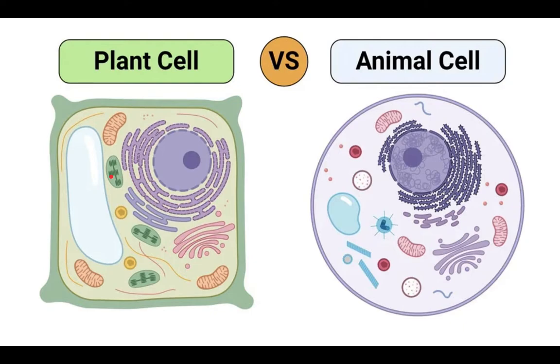Structures that we can see in both plant and animal cells include the nucleus, the endoplasmic reticulum, which is smooth endoplasmic reticulum, as well as rough endoplasmic reticulum that's studded with ribosomes, the Golgi apparatus, mitochondria, and then we can call this the cytoplasm. It's the region outside of the nucleus. Or if we want to be specific about the fluid, it's the cytosol.